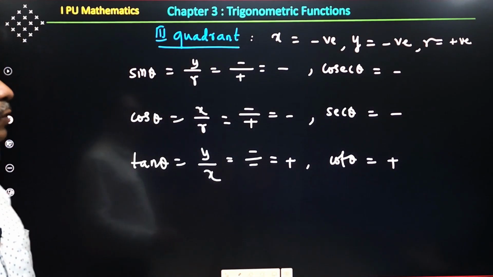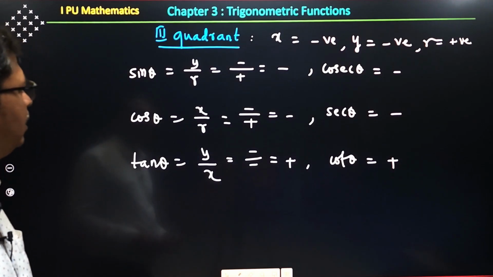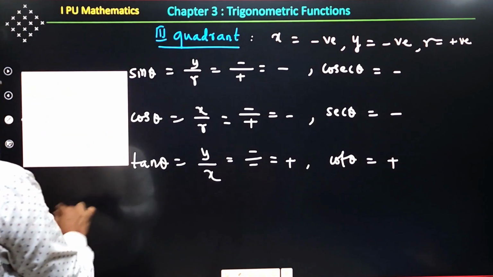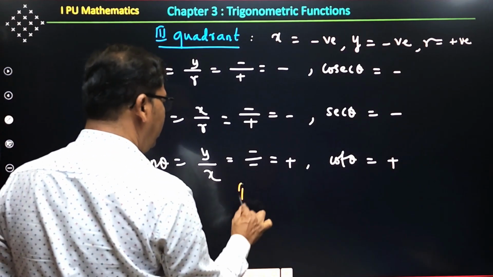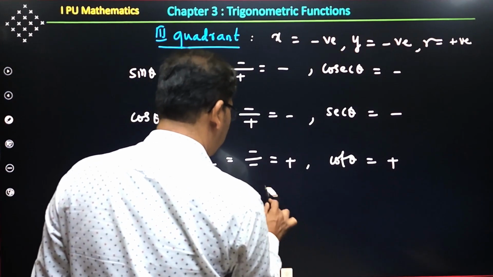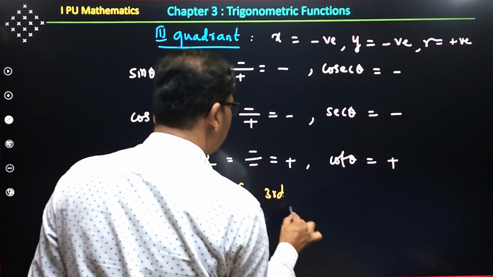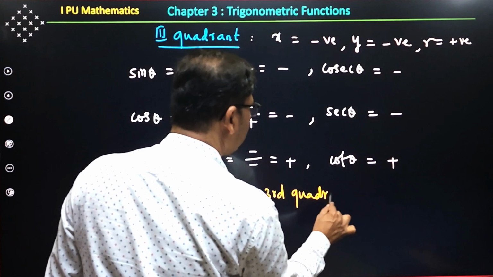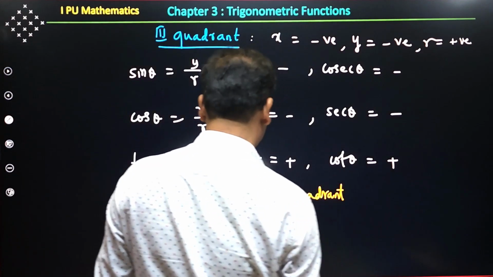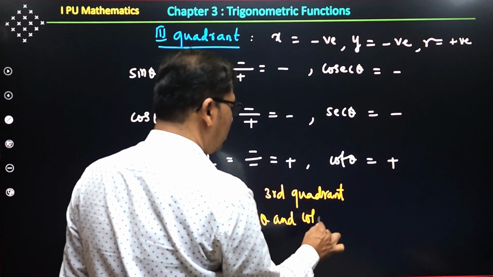So what you are going to conclude in the third quadrant? Let me write the conclusion. In the third quadrant, listen to me carefully: tan theta and cot theta are positive.